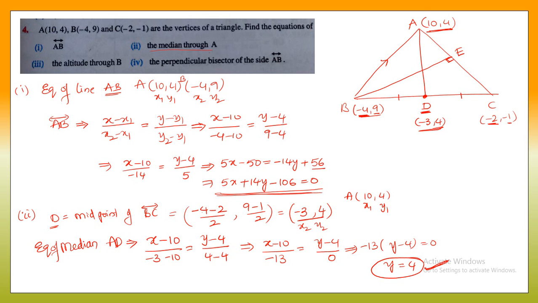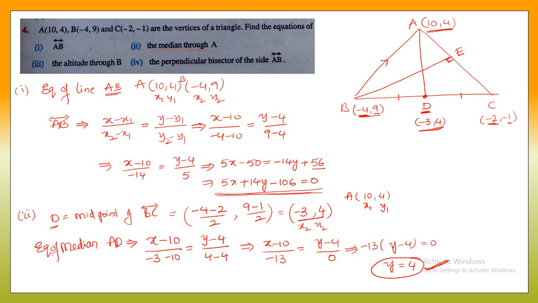So if you know the AC slope, then by reciprocating and keeping the opposite sign, we get the slope of BE. Since it passes through B, one point is already known, so from point slope form we can find the altitude through B. Okay, let us see that.